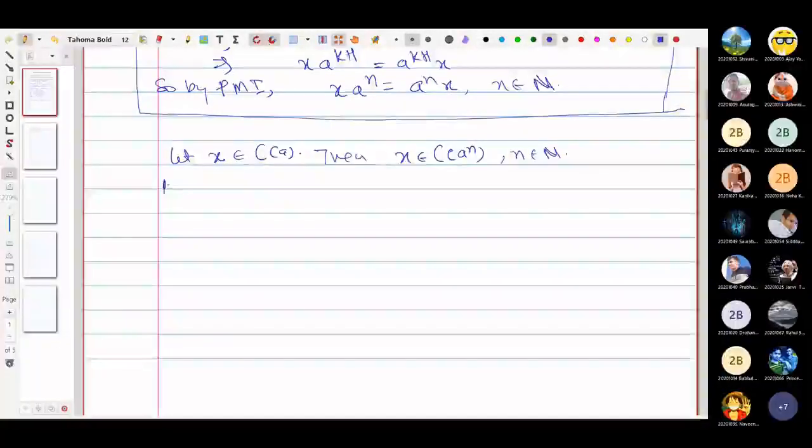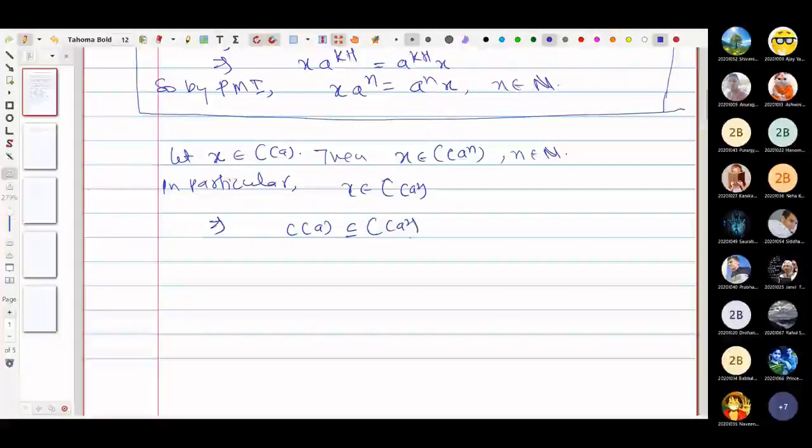In particular, x belongs to the centralizer of a square. So we assumed that x belongs to the centralizer of a, and this also belongs to the centralizer of a square. This implies that the centralizer of a is contained in the centralizer of a square.